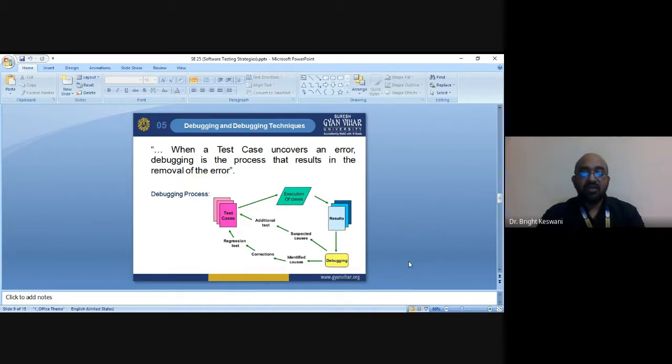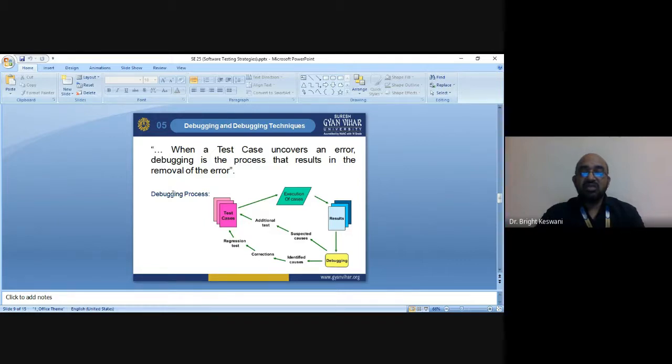So you can say that software testing is a process that can be systematically planned and specified. Test designs can be conducted, a strategy can be defined, and results can be evaluated against prescribed expectations. And debugging occurs as a consequence of successful testing. When a test case uncovers an error, debugging is the process that results in the removal of the error.